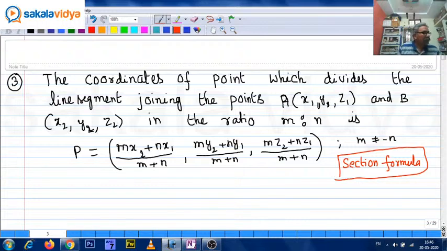Okay, next now we need to find out, for example, the fourth point, the midpoint formula.